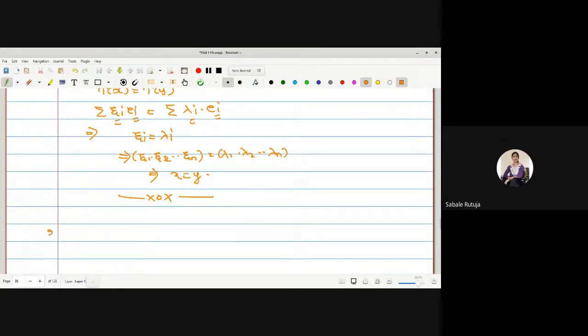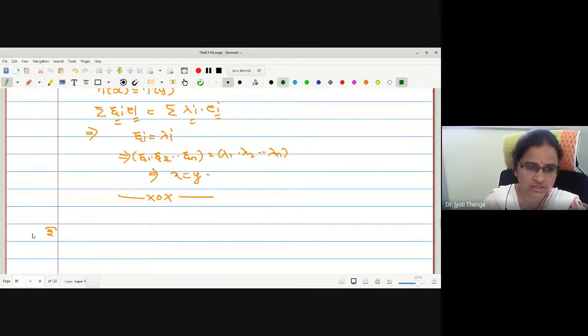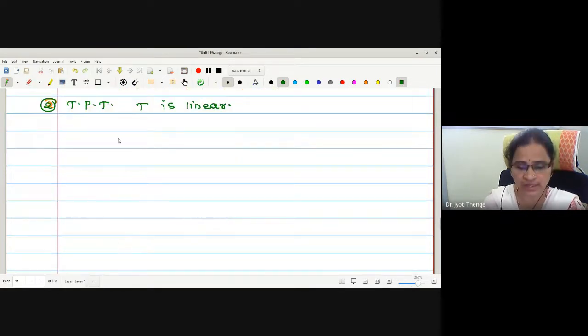Now let us prove that T is linear. To prove linearity, let me take two vectors in the domain space with one scalar and consider the linear combination of those vectors.